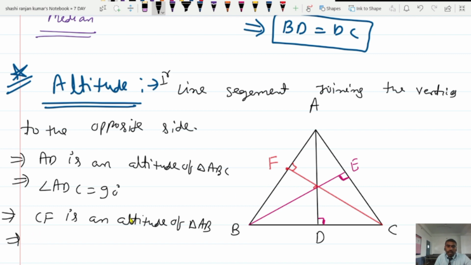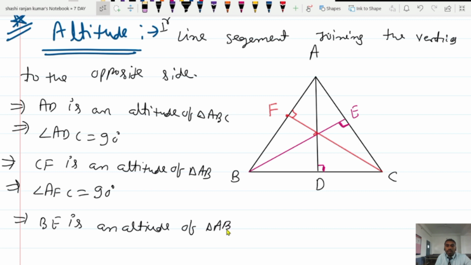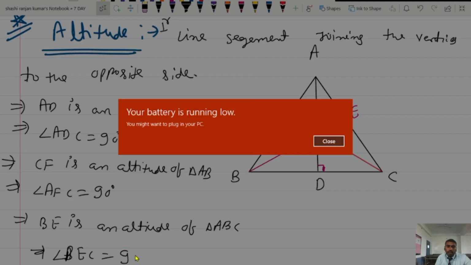This angle must be 90 degrees, that is, angle AFC must be equal to 90 degrees. Next, if BE is an altitude, the angle formed will be 90 degrees, that is, angle BEC is equal to 90 degrees. These are the things we must know.